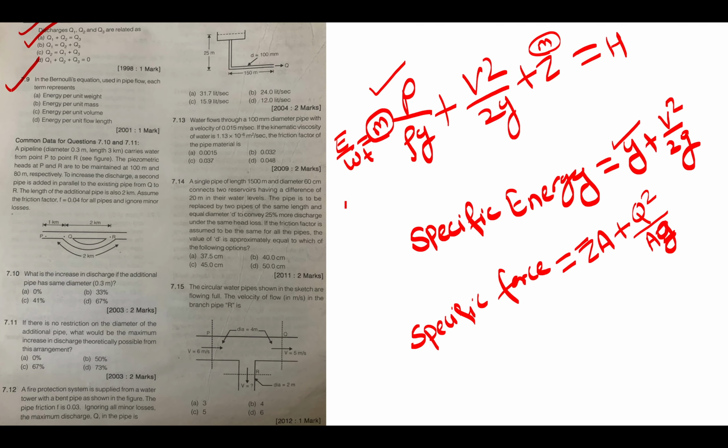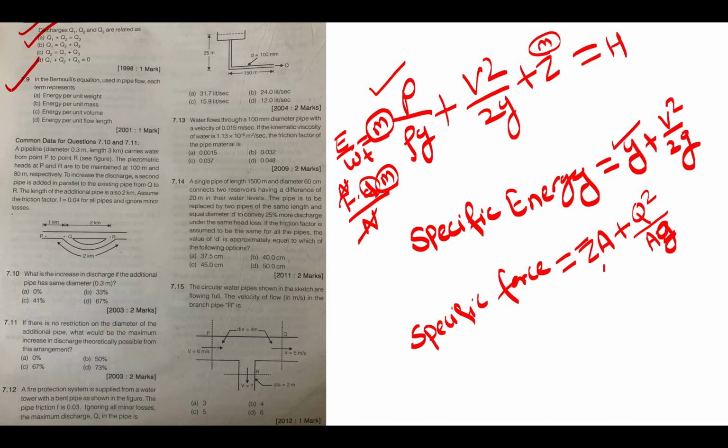Energy is equal to work done, that is force into displacement. Weight is equal to mg, which is in Newton, so this is also Newton. So only the displacement remains, that is meter.